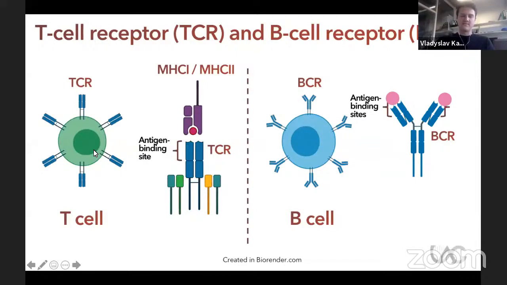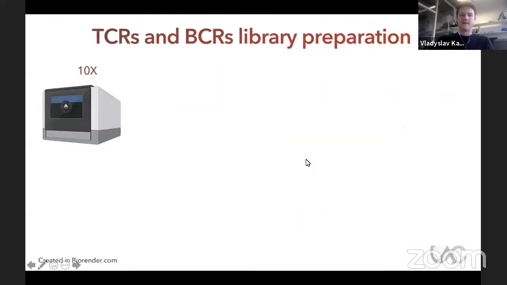As we know, this information is stored in the DNA. DNA will be transcribed into messenger RNA, and messenger RNA will be translated into the TCR or BCR. So as you can see, the principle is very similar. We can target specifically the messenger RNA for the TCR or for the BCR, and that's how we will gain the information about the TCR residing in the T cell or about the BCR residing in the B cell.